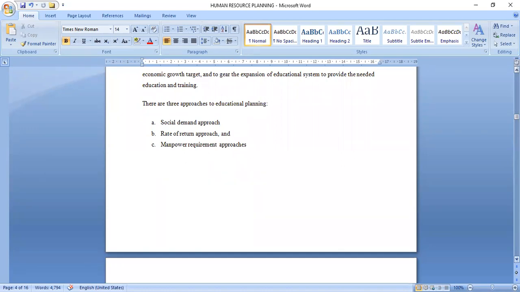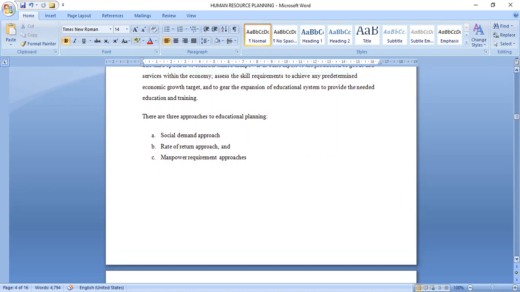So with education planning, when organizations are carrying out human resource planning, they should basically treat education as a consumption good, as an investment good, but also they should respect human capital.